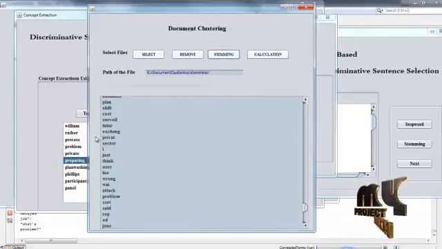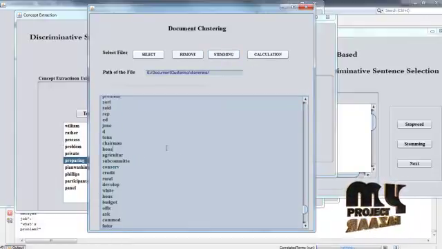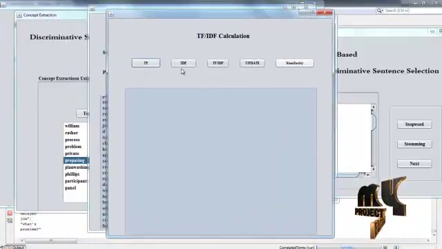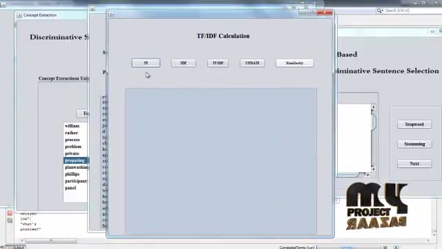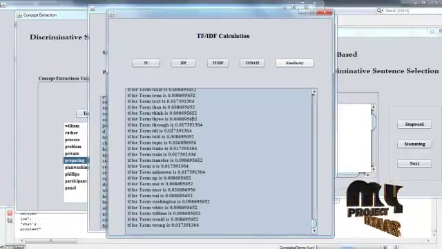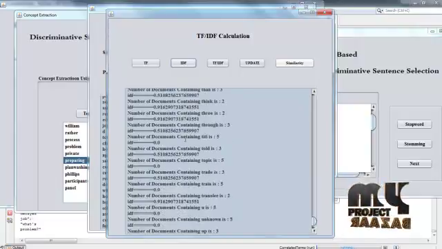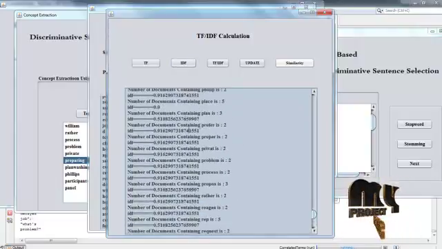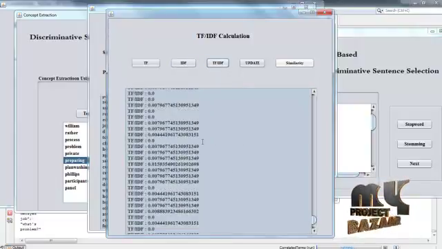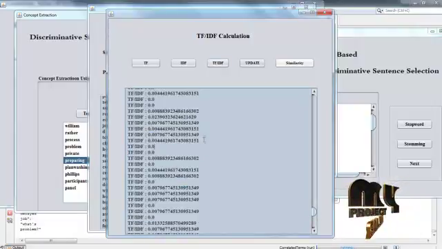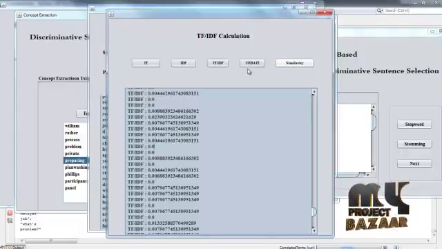Next is the term frequency calculation. TF is the term frequency, IDF is the inverse document frequency. Here the TF is calculated. Next the IDF is performed. Next is the total for the TF and IDF. The results are updated into the database.